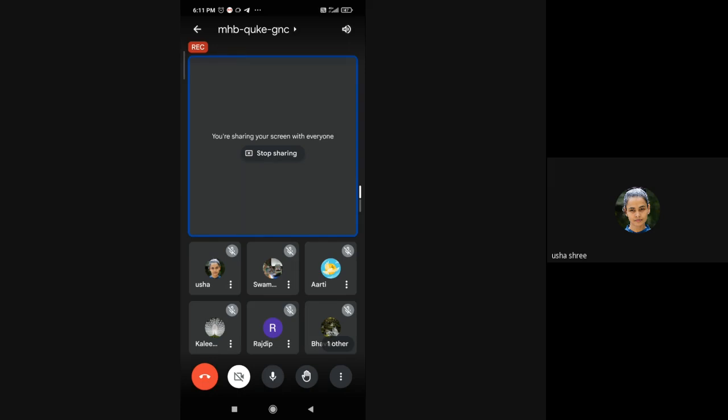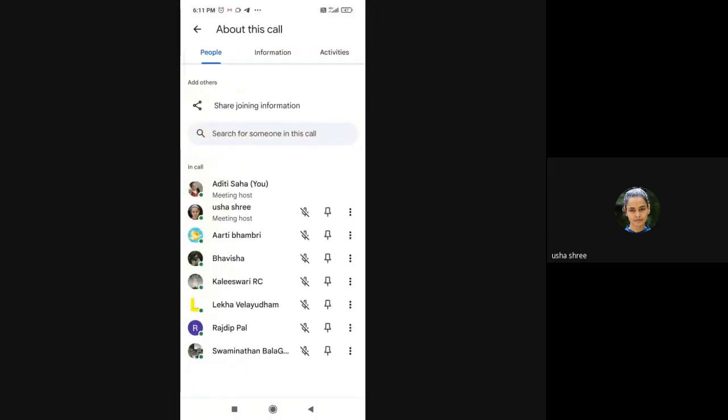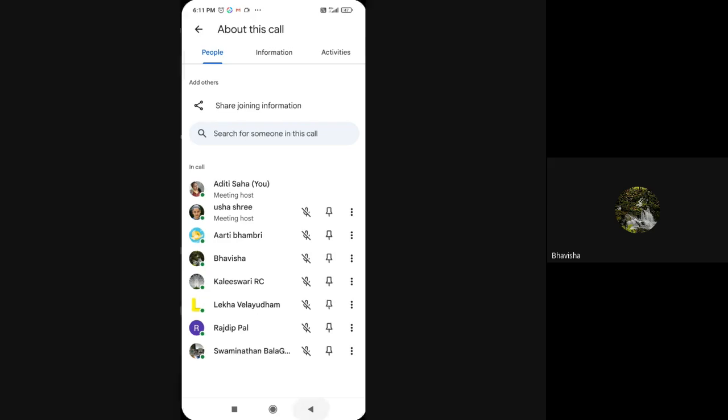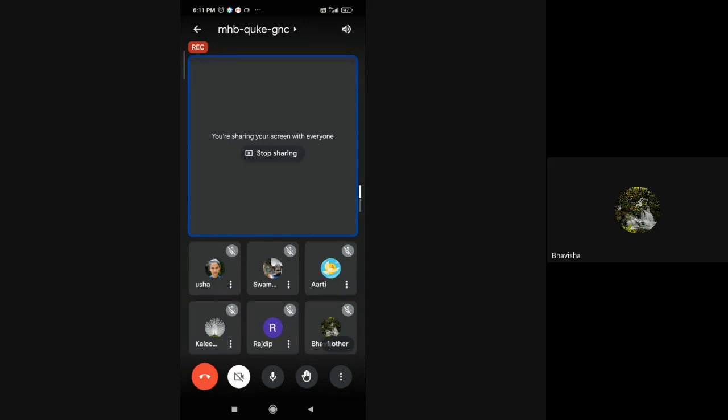Anyone else? Bhavisha, are you there? Yes, ma'am. Can you categorize the compound epithelial tissue? Ma'am, like cuboidal or columnar or ciliated.